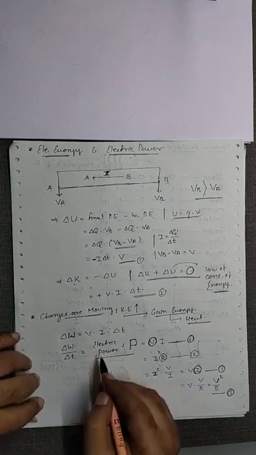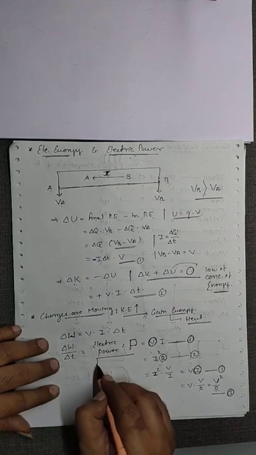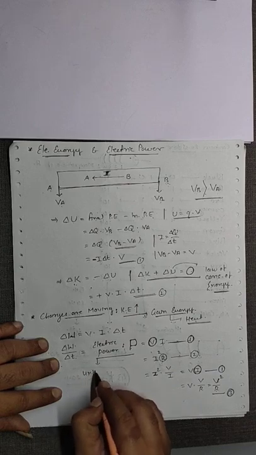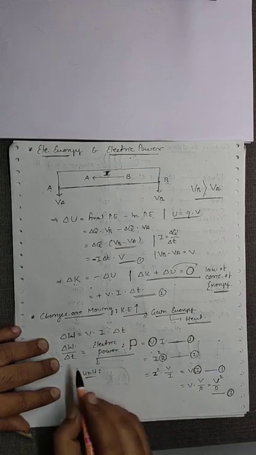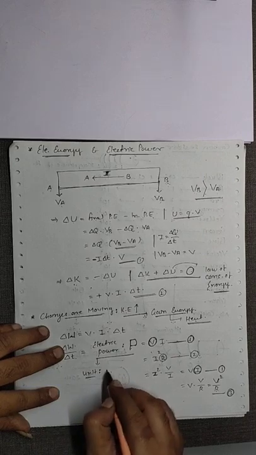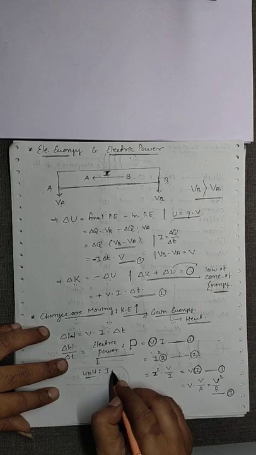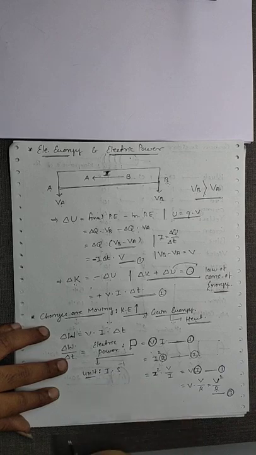Okay? What is the unit and dimension formula of power? Power has the unit joule per second, that is joule, and time taken upside, so second inverse.